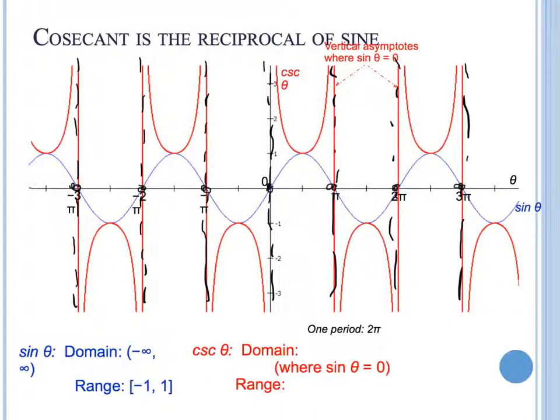We're also going to use our sine graph to help us create the graph for cosecant, because where the sine graph goes up at 1, that is going to be the bottom of the graph for cosecant. And so we're using this and our asymptotes as our guideline.